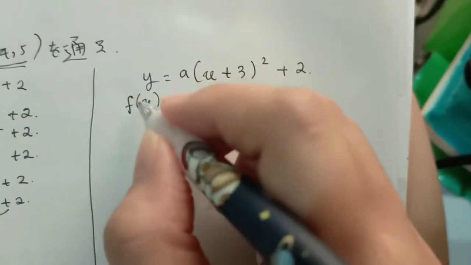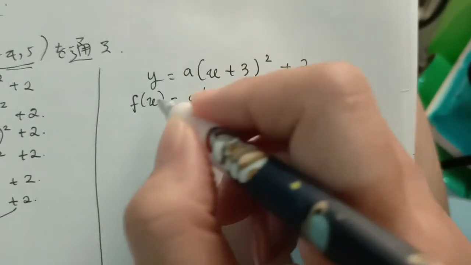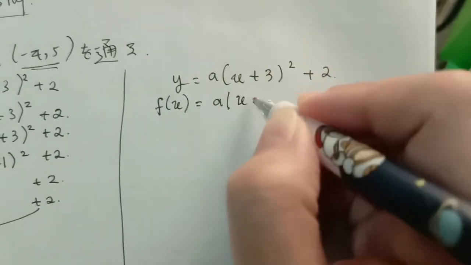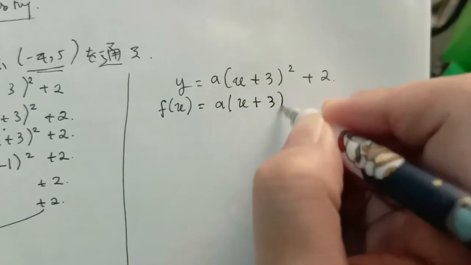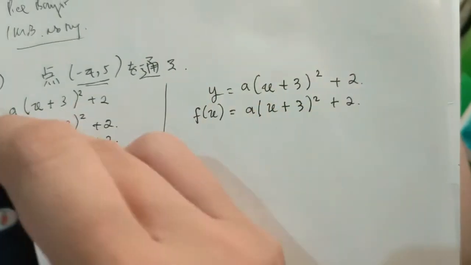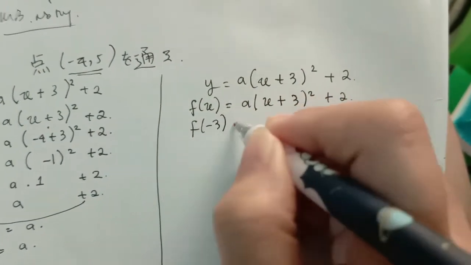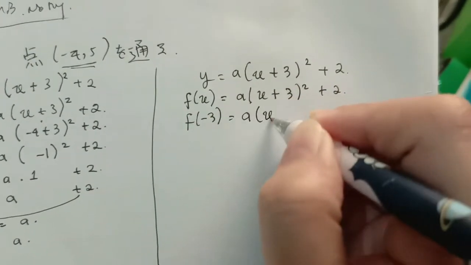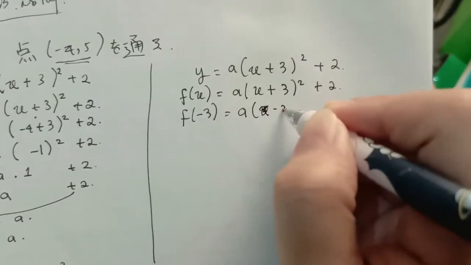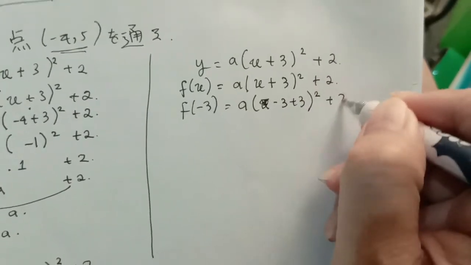Always write down like this if you want to find the coordinate, if you are using the value of x. (x plus 3) squared plus 2. We are using the x, using this one. f(-3) is equal a, oh sorry, the x will become -3 plus 3 squared plus 2.